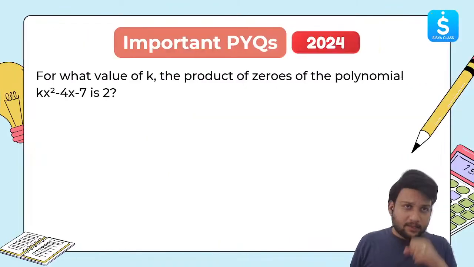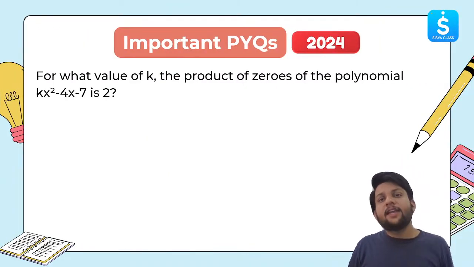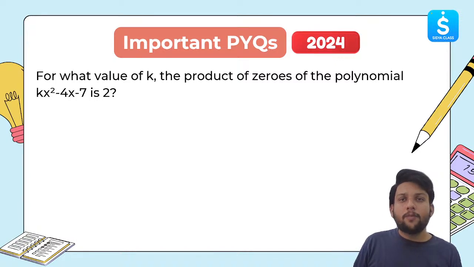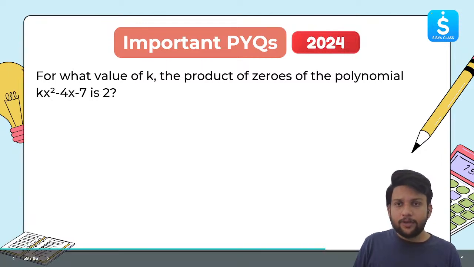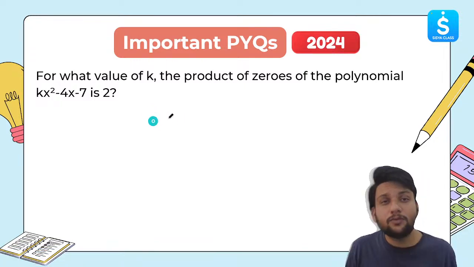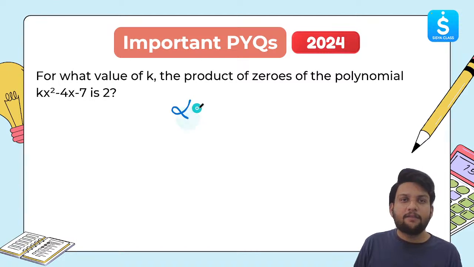Let's move forward. Now, for what value of k is the product of the zeros of the polynomial 2? We have the polynomial kx squared minus 4x minus 7. The product of the zeros is 2. What is the product of zeros? That is alpha beta, given to us as 2.